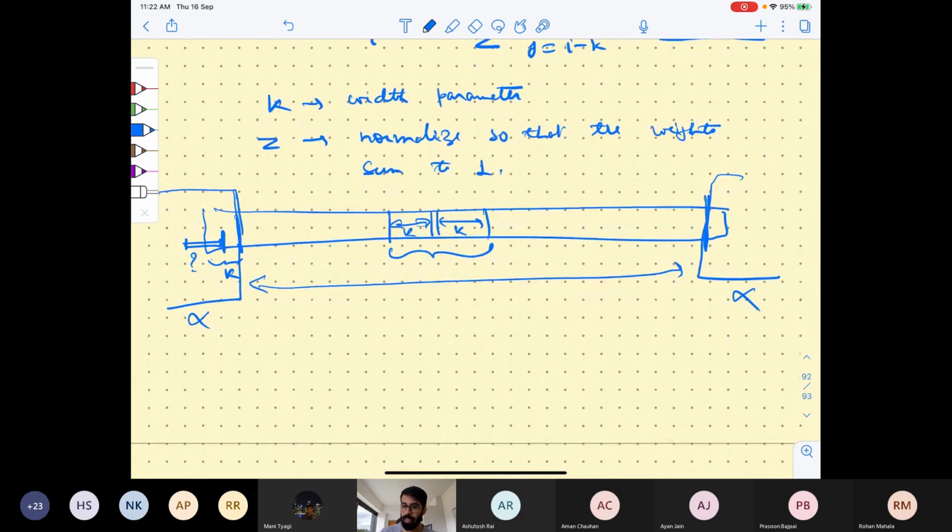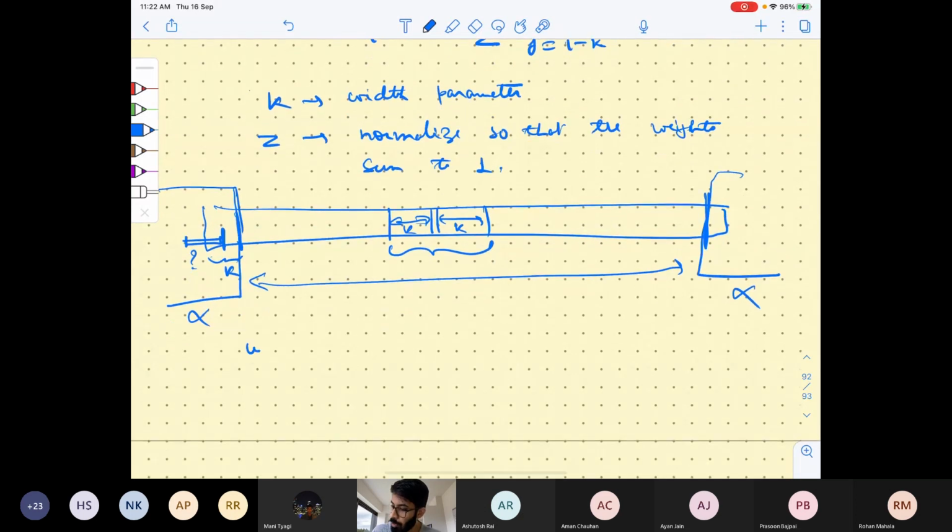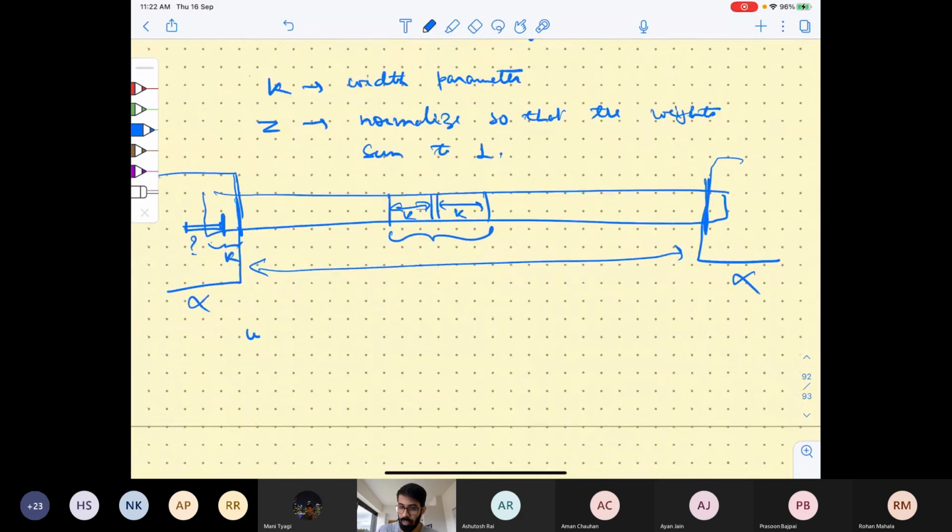Good. And then let's take this Gaussian smoothing and let W be the weights, which is W minus k, W minus (k minus 1), and so on.